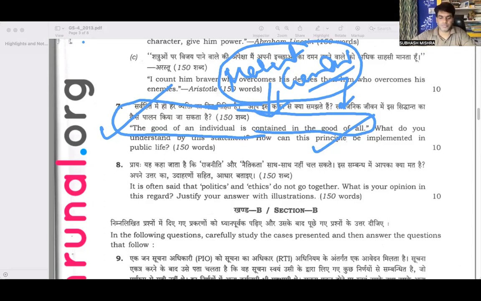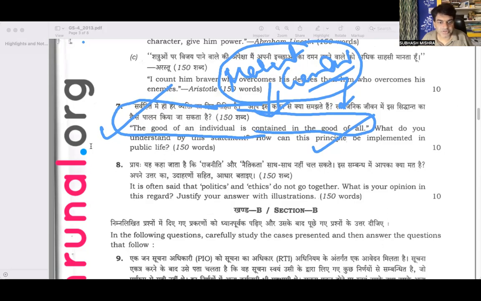Okay, Thoreau, Henry David Thoreau. The good of the individual is contained in the good of all means that the good of an individual lies in the good of all people of the society. Who is that, man? Just let me see.